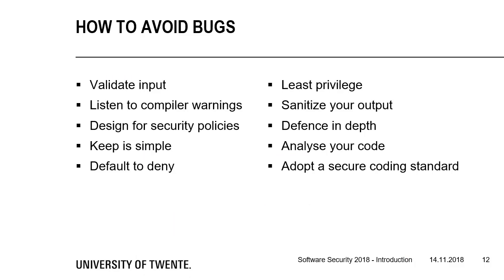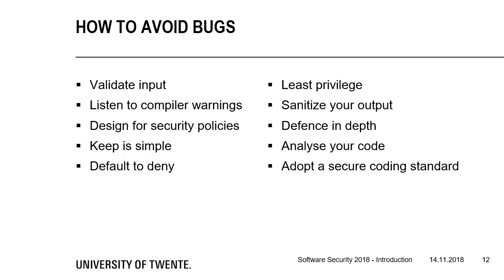In general, there are 10 things you can do to avoid bugs in your code. Whenever you write code, the first thing you do is validate your input. It means whenever you get data from somewhere, you try to make sure that it's correct, that it's properly formatted, and that it contains the information you wanted. For example, when you expect a positive integer and you read an integer from somewhere, you check that it's actually a positive integer and not negative.